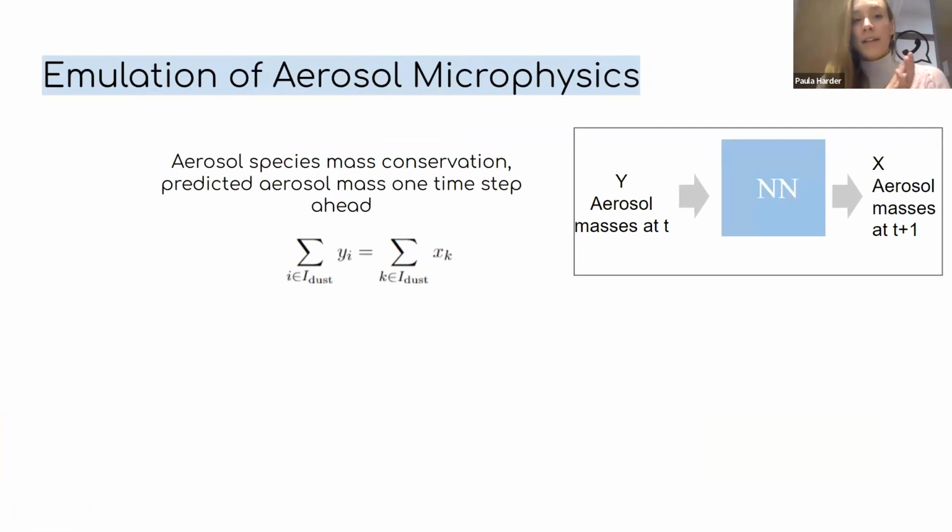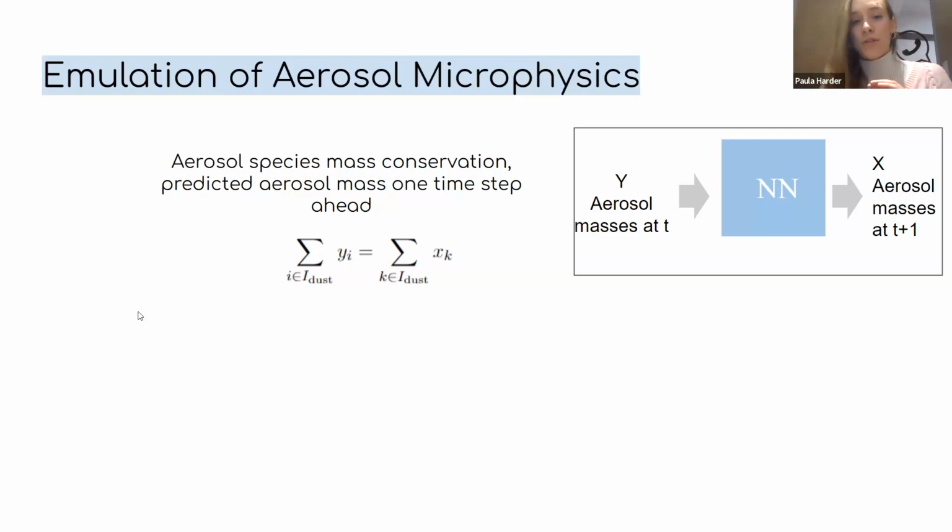If we look at emulation for aerosol microphysics, the model we look at, what we do there is we have aerosol masses at time t in a grid box in a climate model and predict them one time step later. And the microphysics model conserves the mass of one specific species. For example, the overall dust mass, there's no emissions and things, so it stays the same in that model.